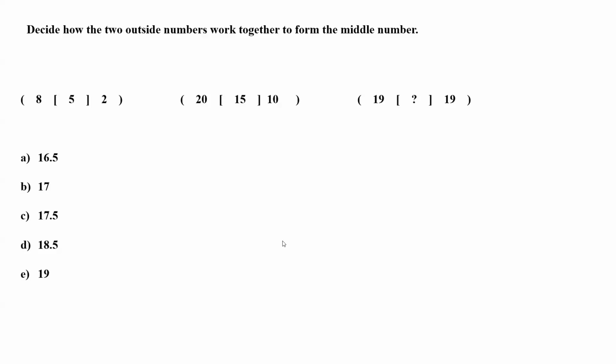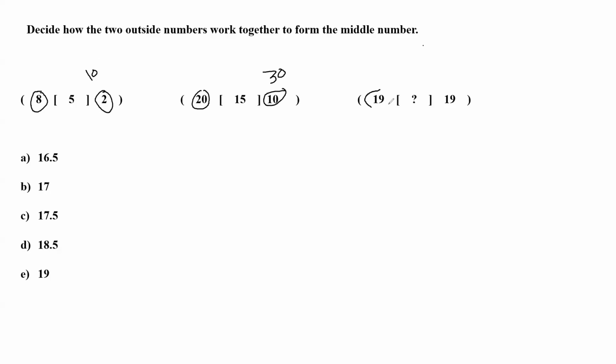When you said 10 seconds, I felt like I had to guess, but then I figured out the pattern, and then I used that pattern to figure out the answer, which is 19. I found out that if you add the two outer numbers together, which is 8 and 2, and 20 and 10, the middle number is half of that.